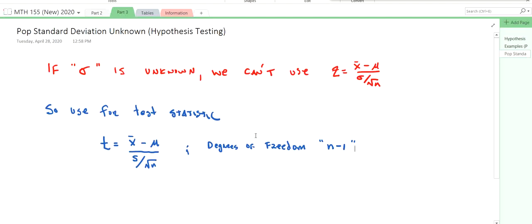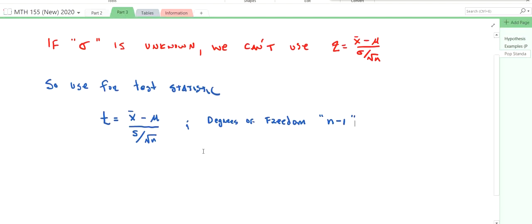So you go to the t-table for your level of significance, and you scroll down and go across the row that is equal to your degrees of freedom, which is n, the sample size, minus 1. So let's list what these terms are. This is the sample standard deviation.